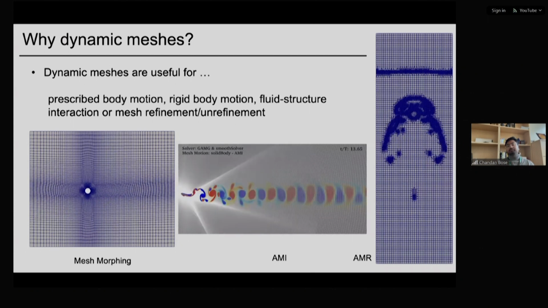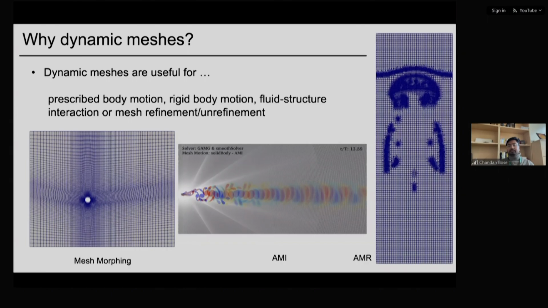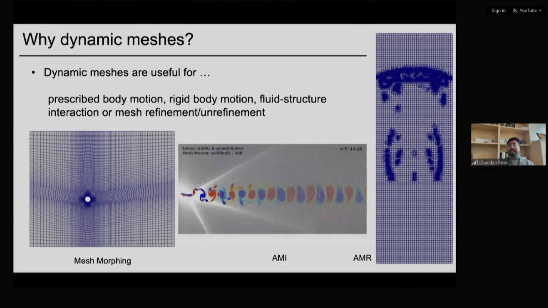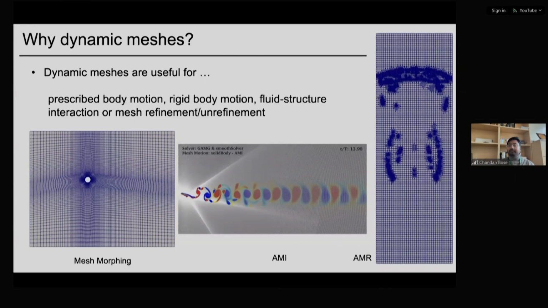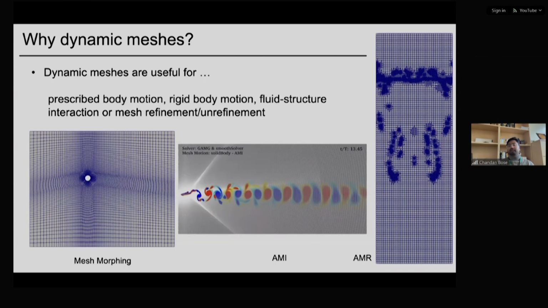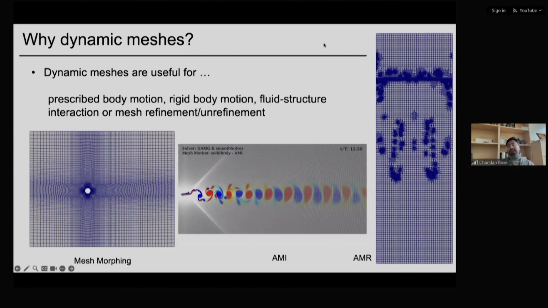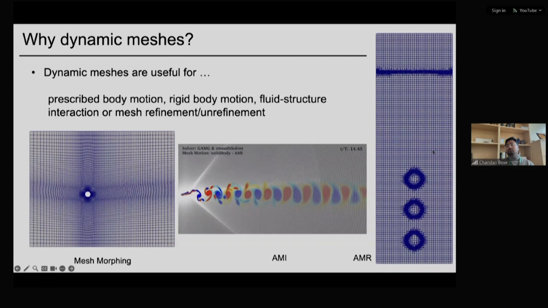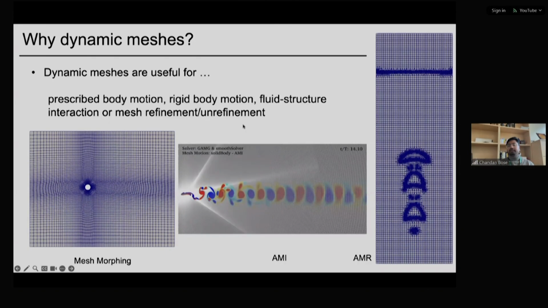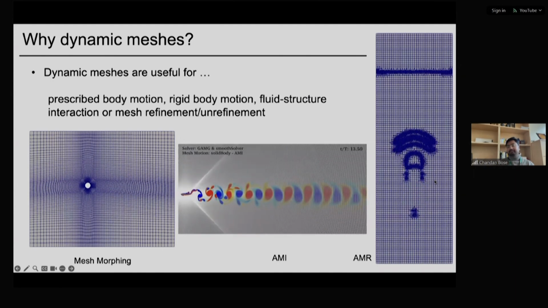And then last but not the least, we have mesh refinement or unrefinement, where we consider a particular scalar variable, and then accordingly, to capture the change in that scalar variable, we can refine the mesh locally or unrefine the mesh, by creating new cells or dividing the cells into much smaller cells, as you can see in the rightmost part. All right. So that is called the adaptive mesh refinement.